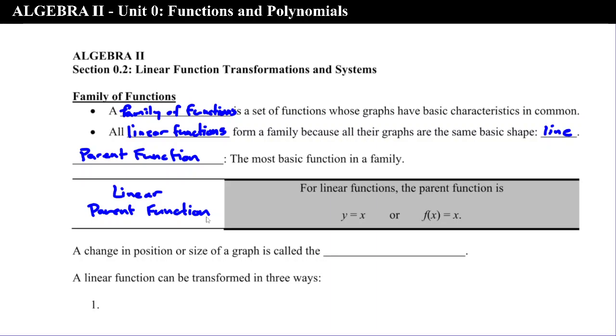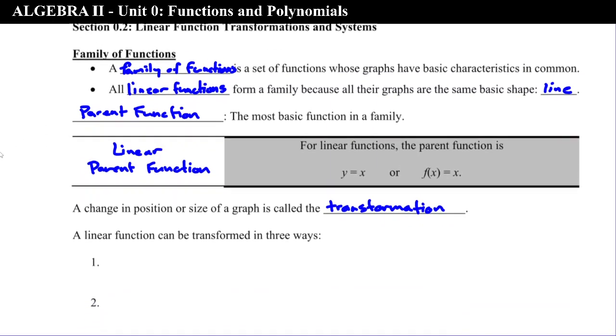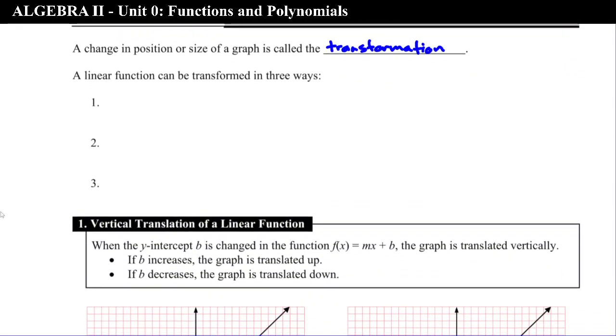Now, if we were to take that linear parent function, kind of our starting function, and we were to change it, changing a graph or changing a function in position or size is called a transformation. All right, so let's talk a little bit about a linear transformation.